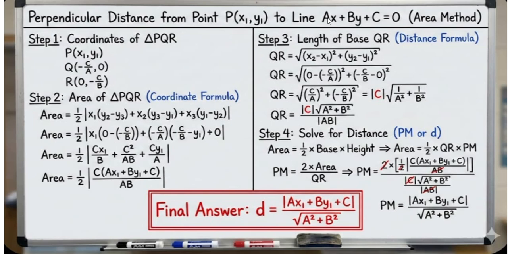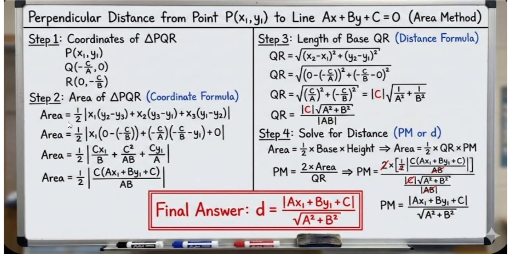We can find the coordinates Q and R by putting y is equal to 0 to find x, and by putting x is equal to 0 to find y. In this way we get the coordinates P, Q, R.